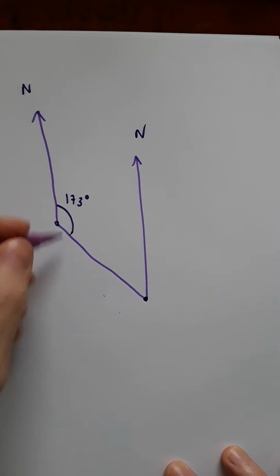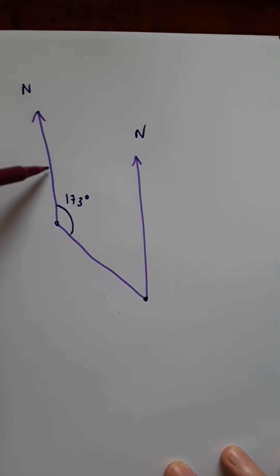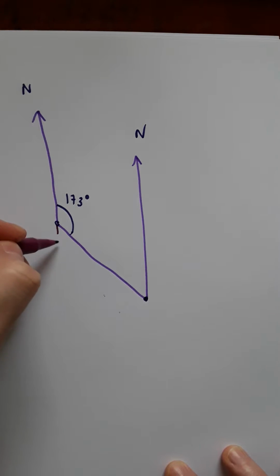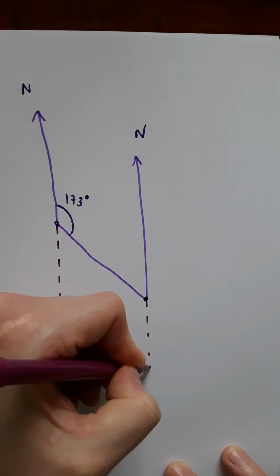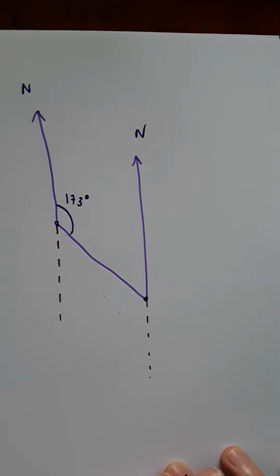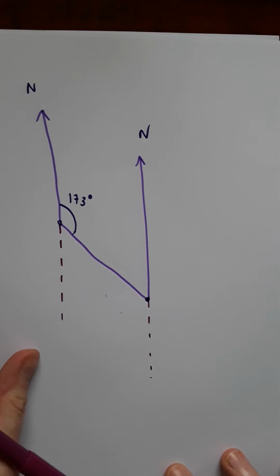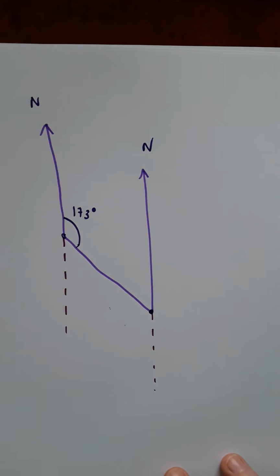The other way to look at it is this. The first thing to do is to make these north lines easier to look at by extending them down. And then suddenly it does look a lot more like a pair of parallel lines that you've been used to seeing when working with your parallel line rules.